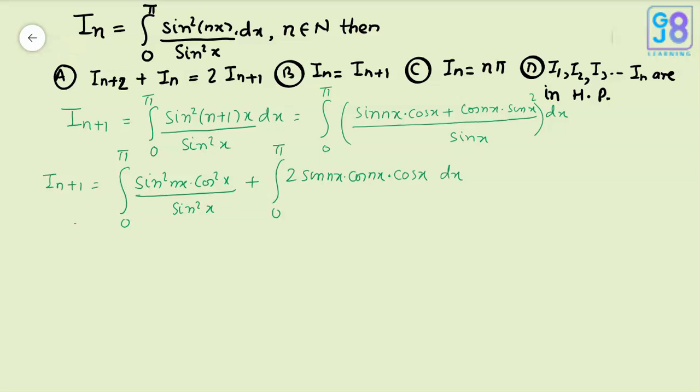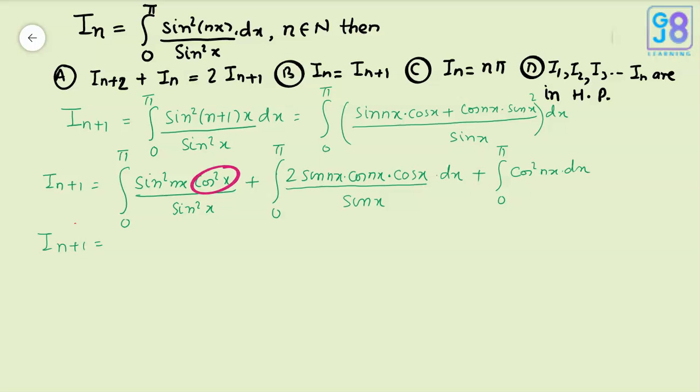One sine x will get cancelled. Plus integral 0 to pi of cos squared nx times sine squared x over sine squared x, which cancels out, so we just have integral 0 to pi cos squared nx dx.